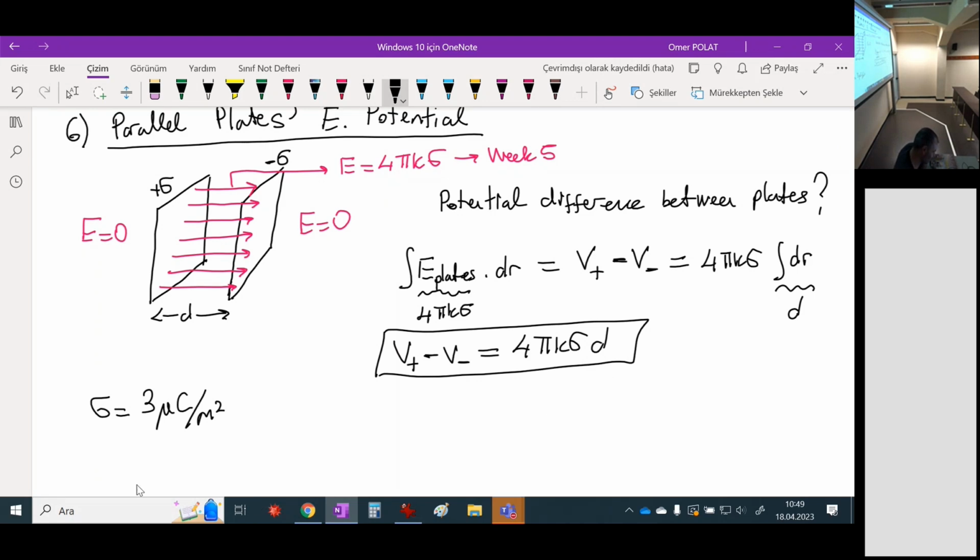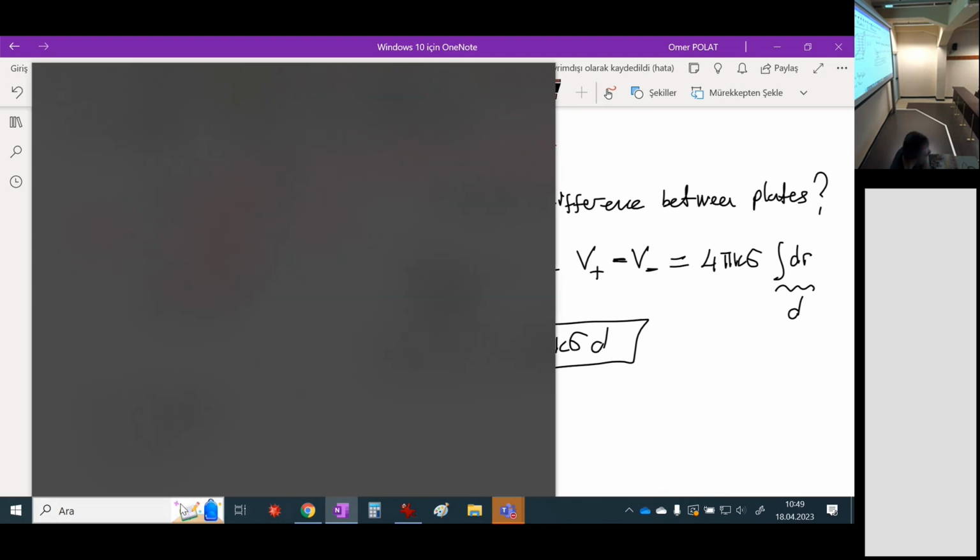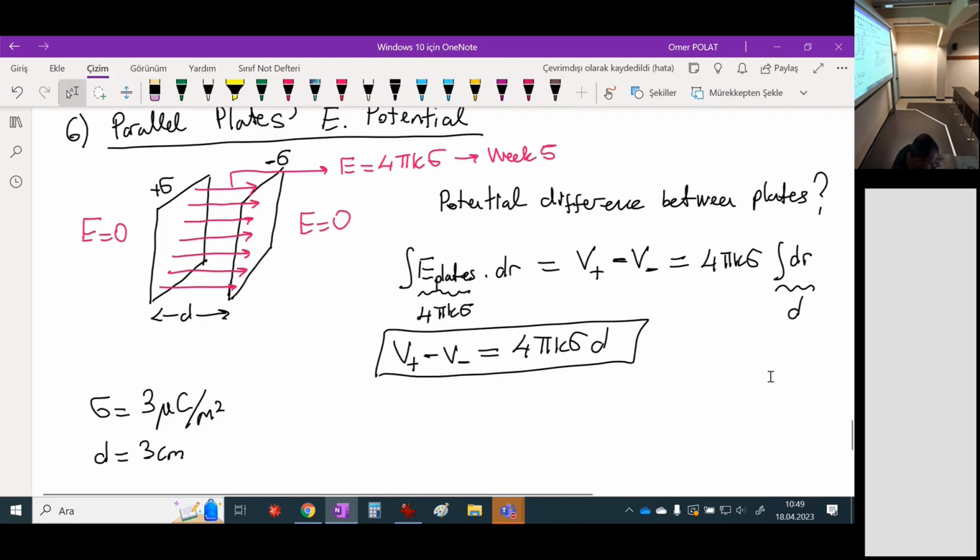So what is the plate separation? Plate separation is, let's say, maybe 3 centimeters. Actually, maybe less than 3 centimeters, but let's say 3 centimeters. Then sigma, k, d.